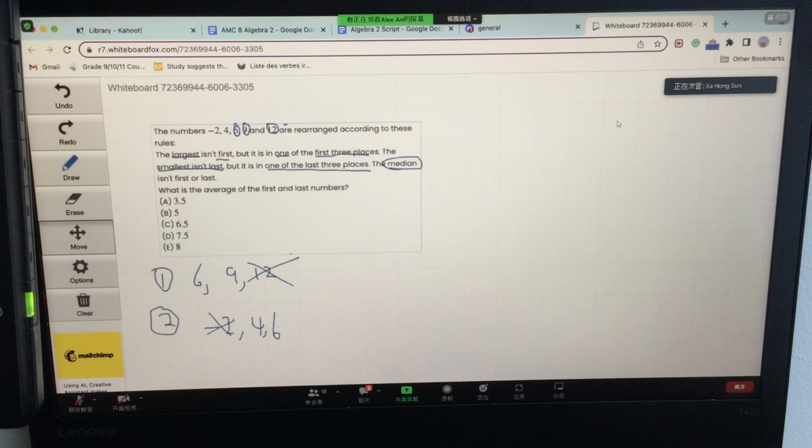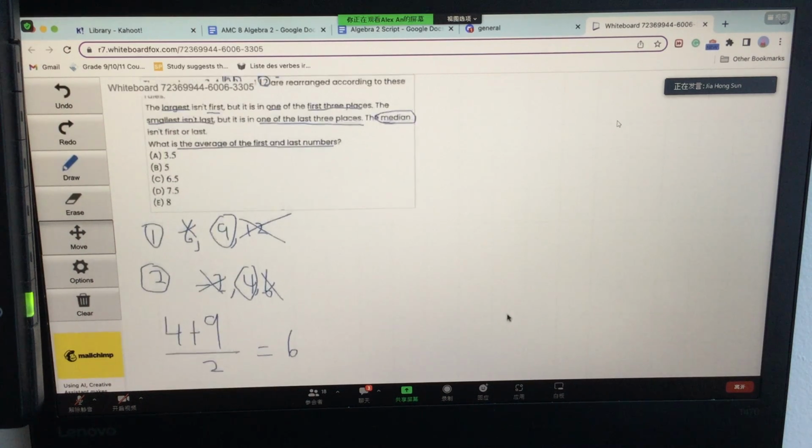In this case, -2, 4, 6, 9, 12, it's going to be 6. But 6 isn't first or last, so it can't be 6. So we know it's 9 and 4. It asks for the average of the first and last numbers. Average is the same as mean, so it's 4 plus 9 divided by 2, which is 6.5.